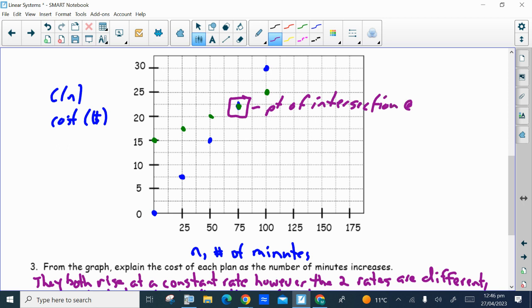So again, that's the point (75, 2250). Remember that when we set up our graph, the first number, which was n, was the x value. The second number, c, was the y value. So that point is where the n and c values are the same.